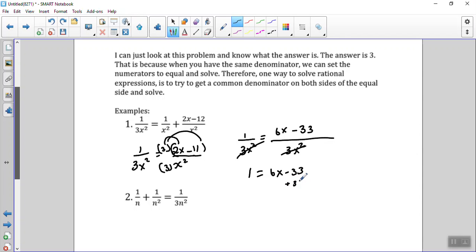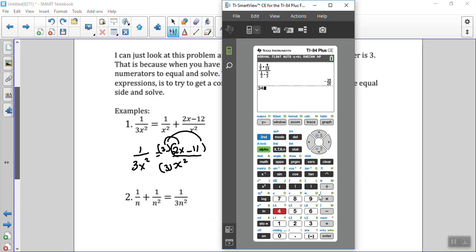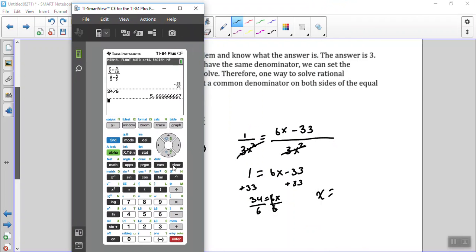So you're going to add 33 on both sides. So you have 34 equals 6x, divide by 6, divide by 6. So you have x equals 34 over 6, which doesn't go through evenly, right? So that is my answer, just leave it as 34 over 6. Actually, we can reduce that.